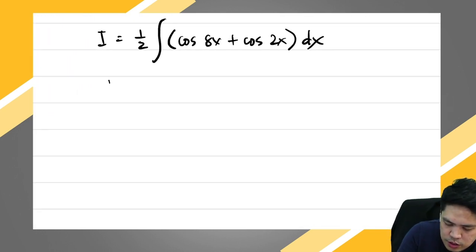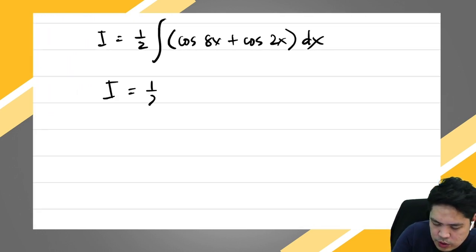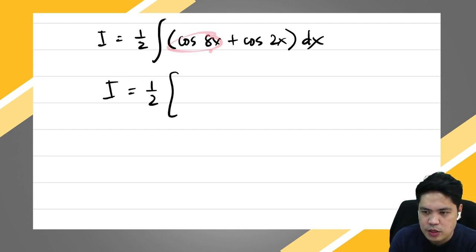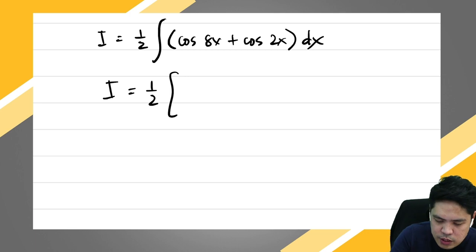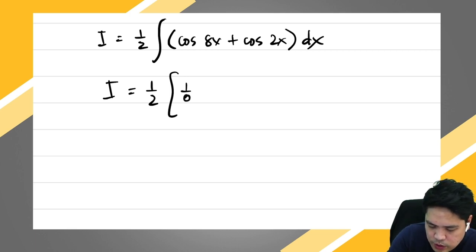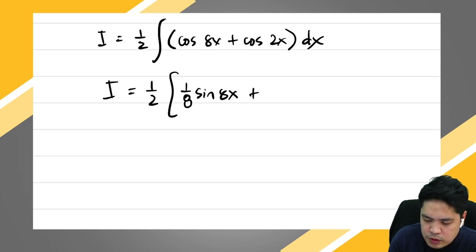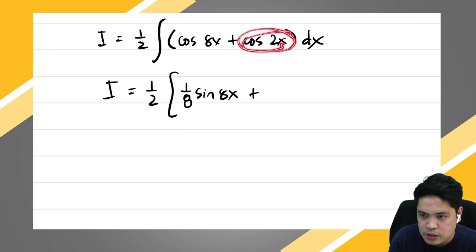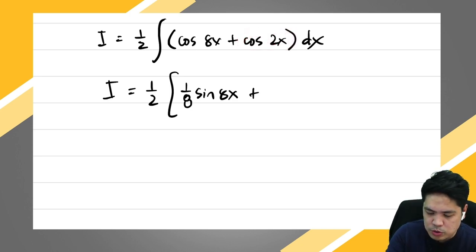To answer this, I is equal to 1/2 times the integral of cosine 8x. We know that the integral of cosine is positive sine, so we have 1/8 sine 8x, plus the integral of cosine 2x, which is still positive sine. Then u is 2x, so we need to multiply by 1/2.